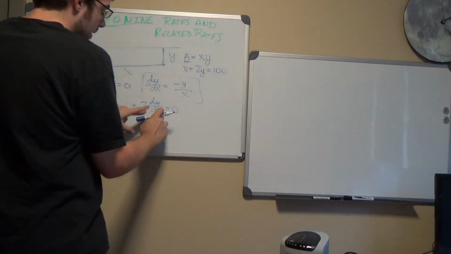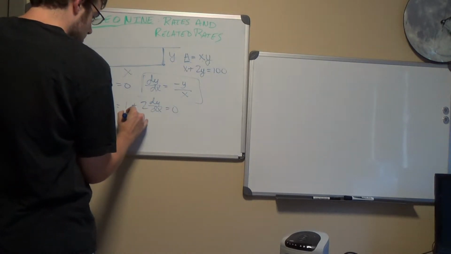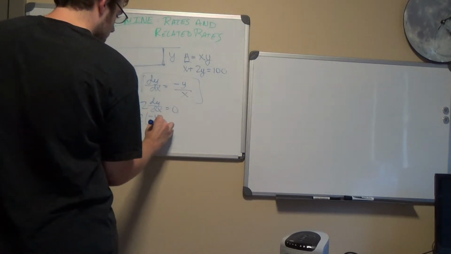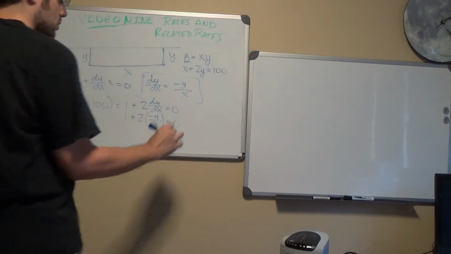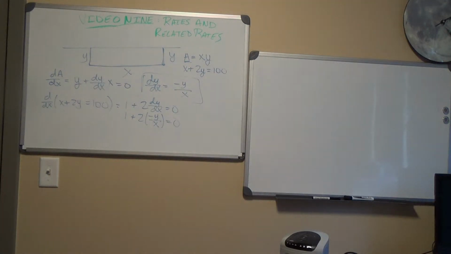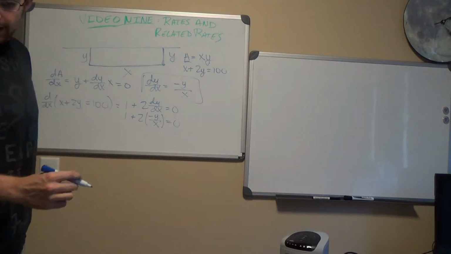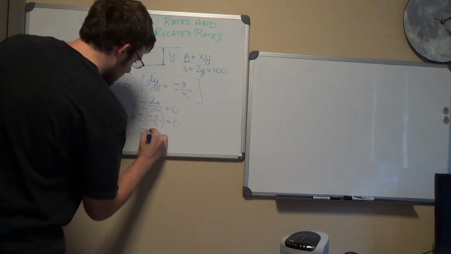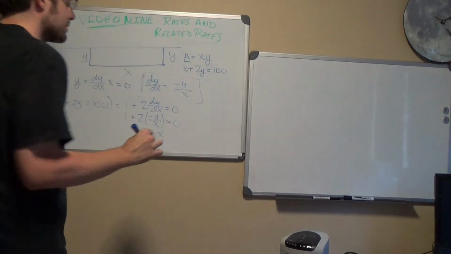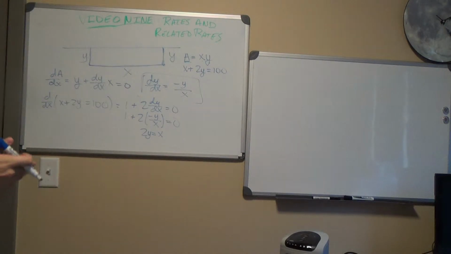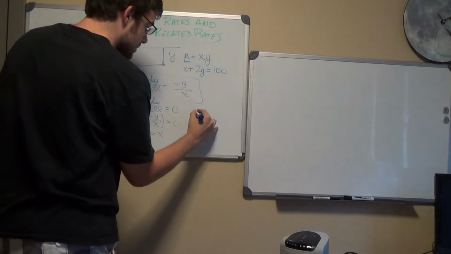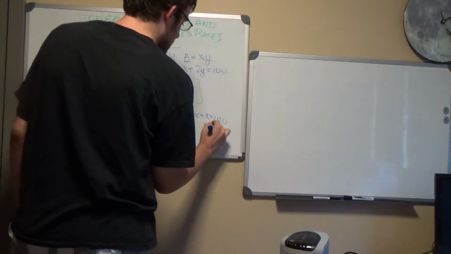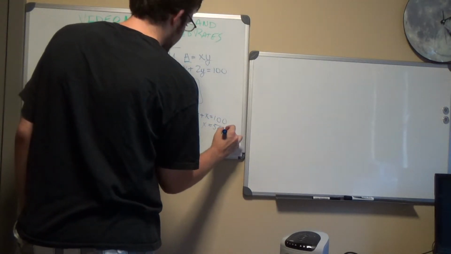And we can plug in dy/dx from here. So 1 plus 2 times negative y over x equals 0. And we end up getting 2y equals x. So if we plug this into the expression, x plus x equals 100, so x is equal to 50 feet.